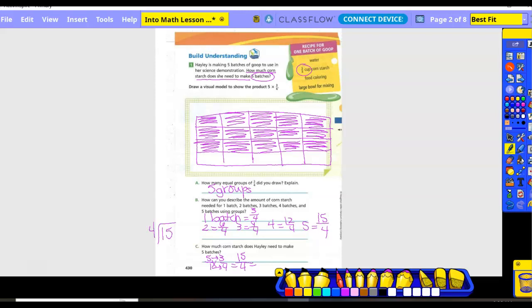How many times does 4 go into 15? 3 times, minus 12, 3 left over, remainder 3. How do I write that as a mixed number? 3 and 3/4. Can that be simplified? No, because 3 and 4 do not share a common factor. So 3 and 3/4. What's my label?